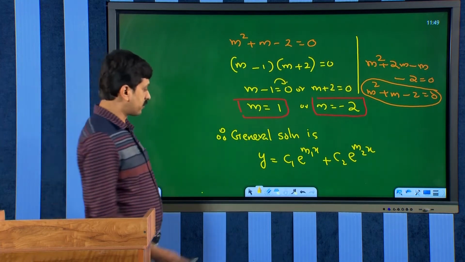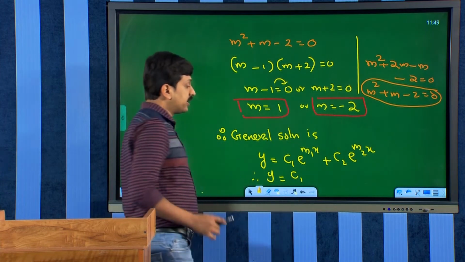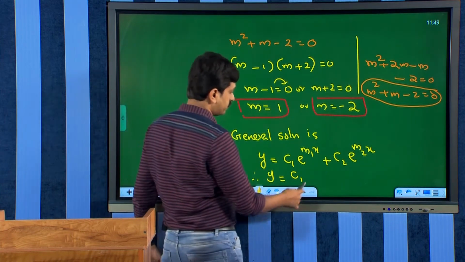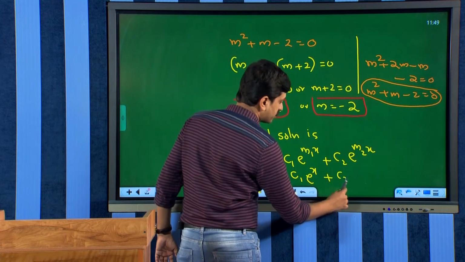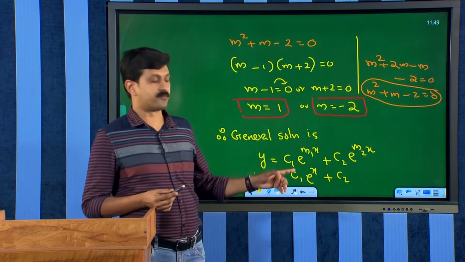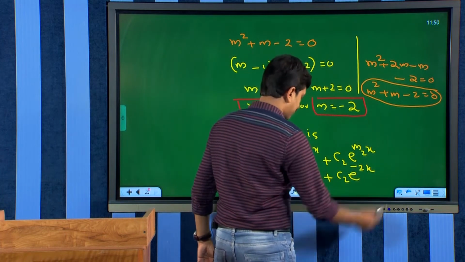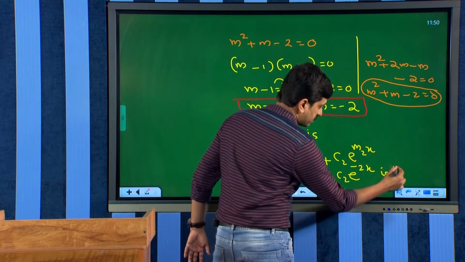Therefore, y is equal to c1 e raised to m1 of x, m1 is 1, so e raised to x, plus c2 e raised to m2 of x, here m2 is equal to minus 2, e raised to minus 2x. So, this is the general solution of the given differential equation.